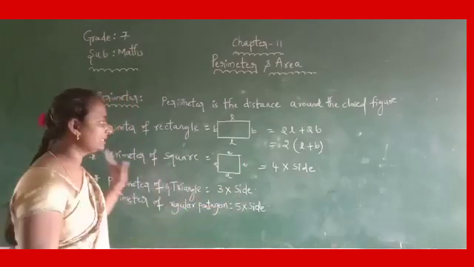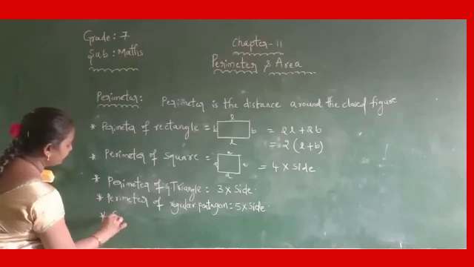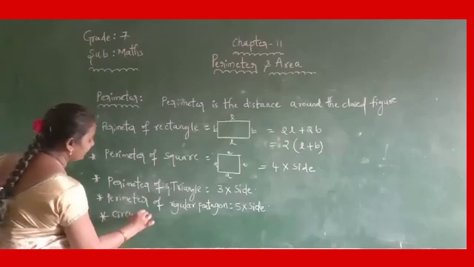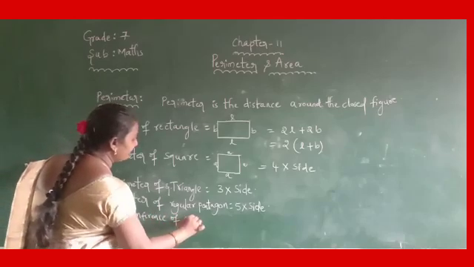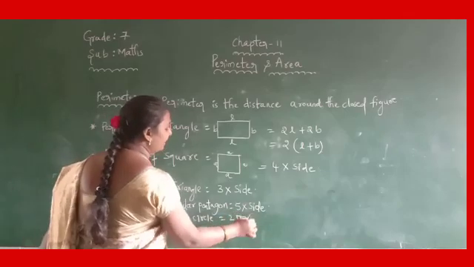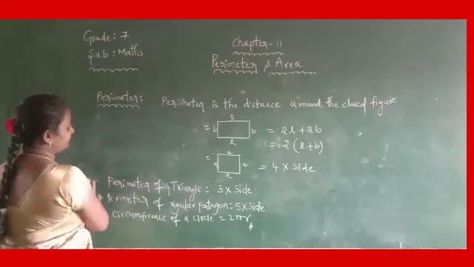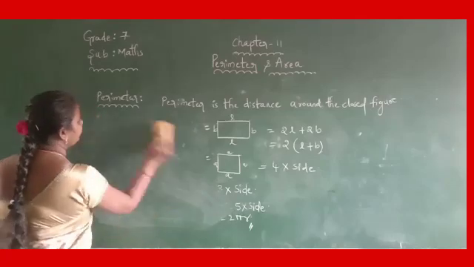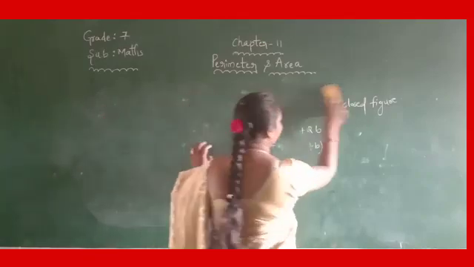Heptagon, 7 into side. Students, copy all this, and next circumference. Circumference of a circle is 2 pi r. R is nothing but radius. These are the formulas about perimeter of plane figures.